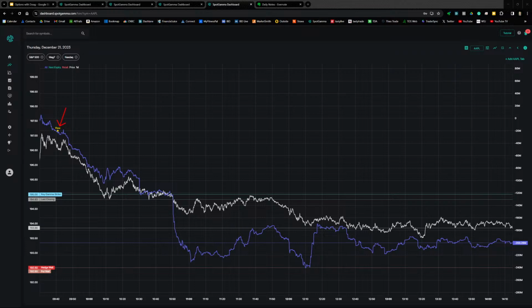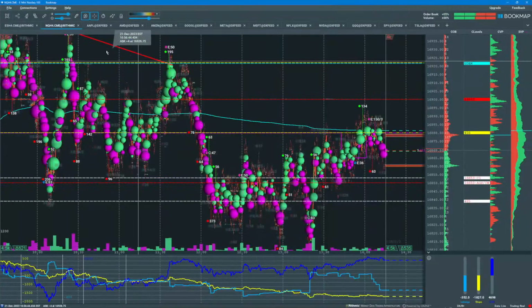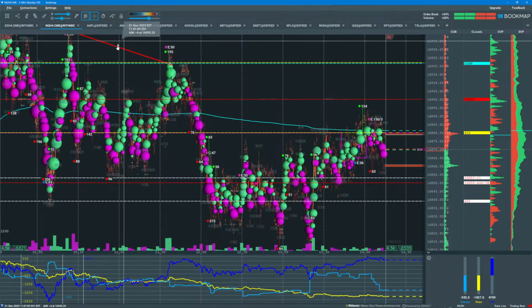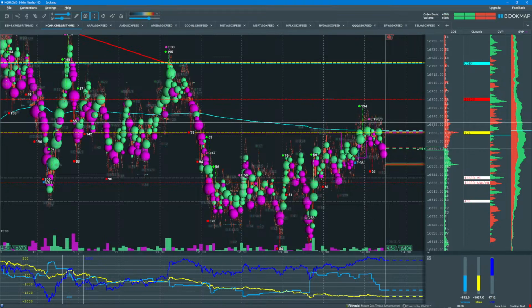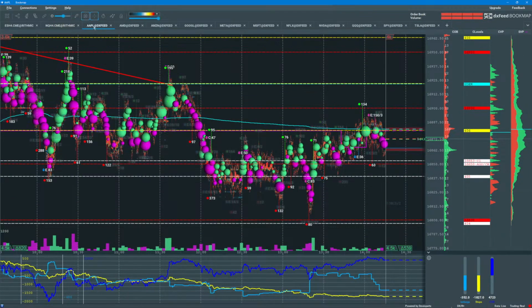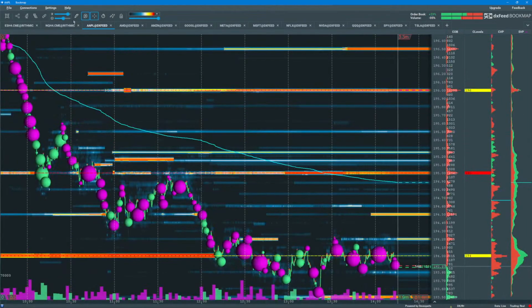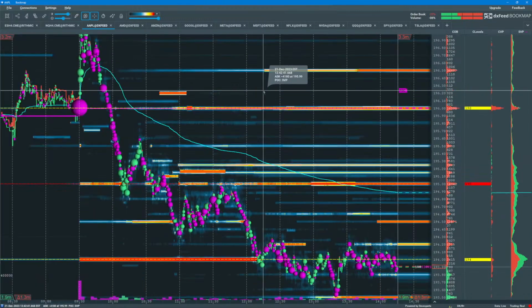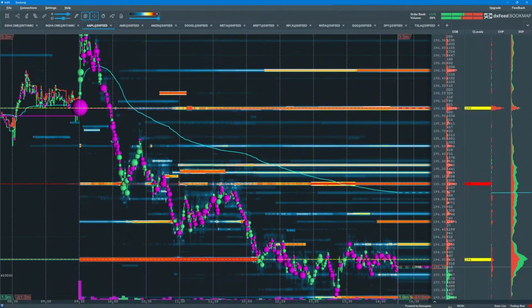Let's go take a look at the Bookmap. Go to Apple. And Apple continues lower. Note 195 is the key gamma strike.